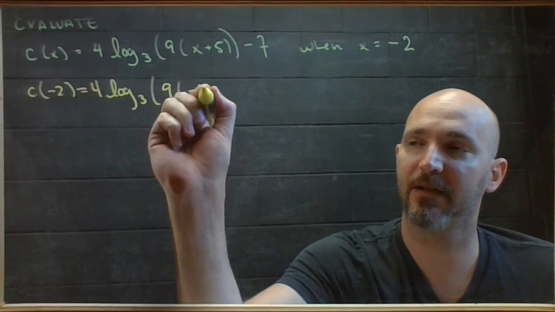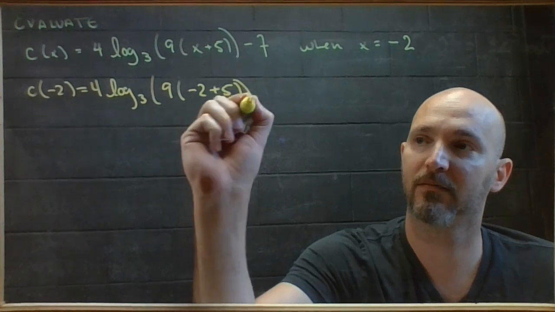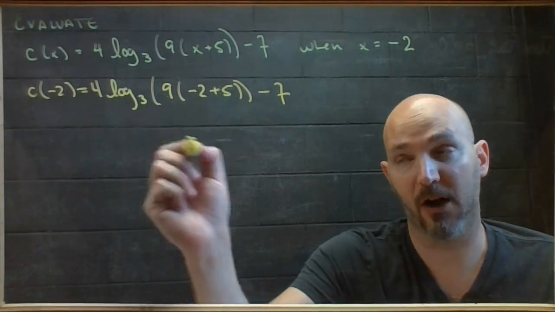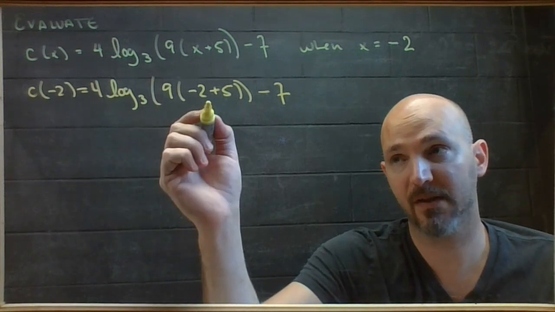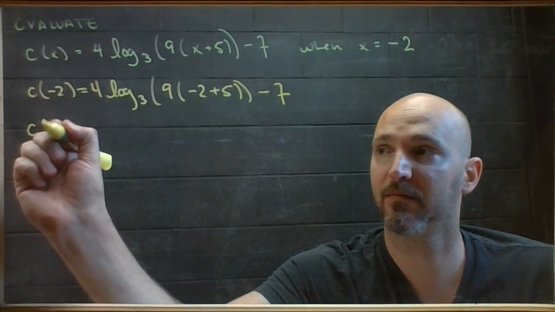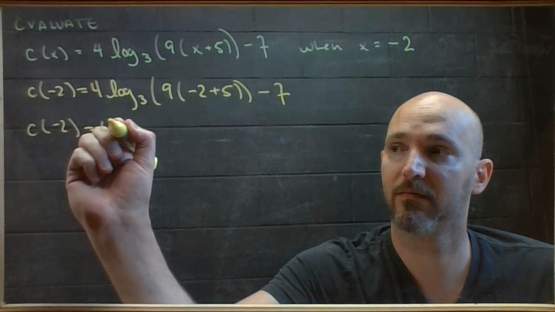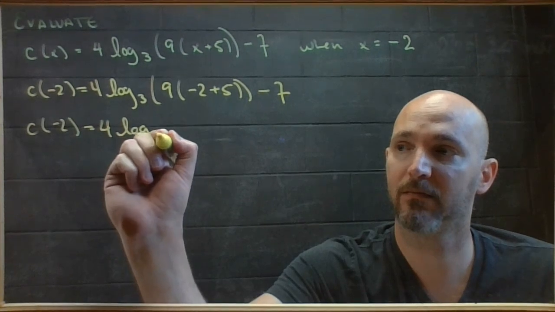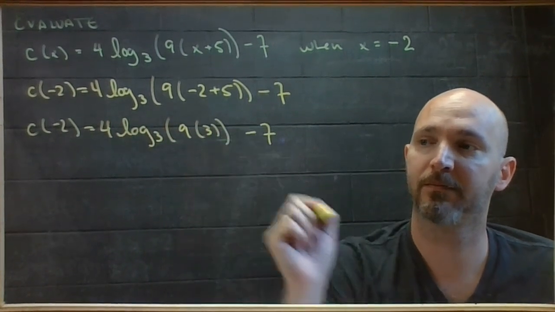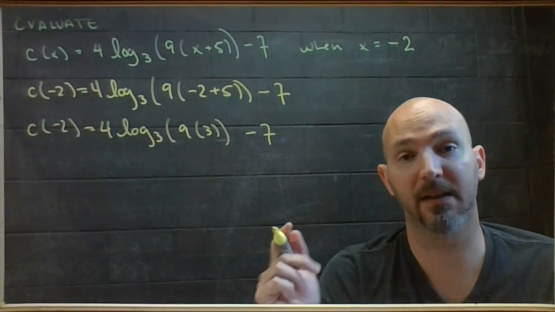We have to work out the argument before we can apply the function. So 5 and -2 gives you +3. And 3 times 9 is 27.